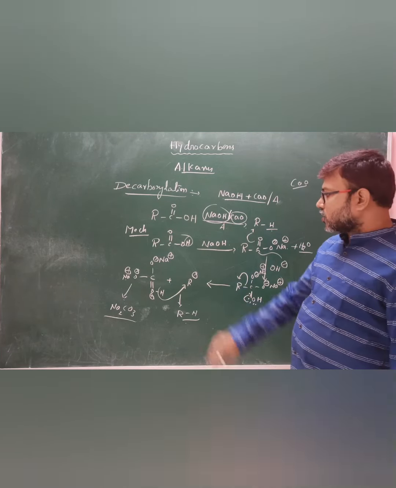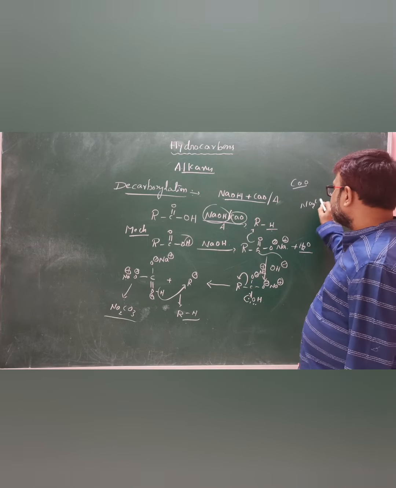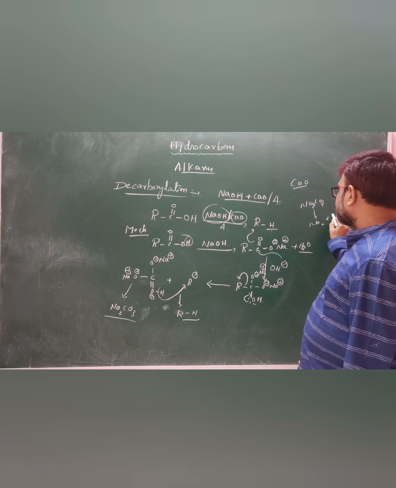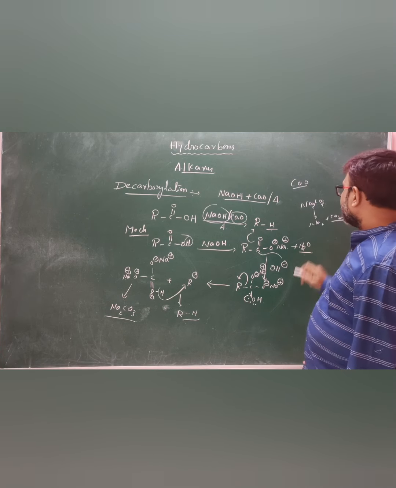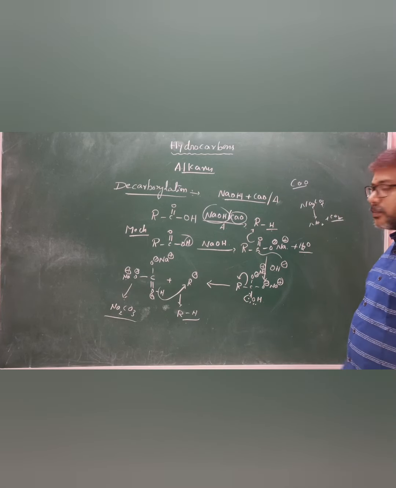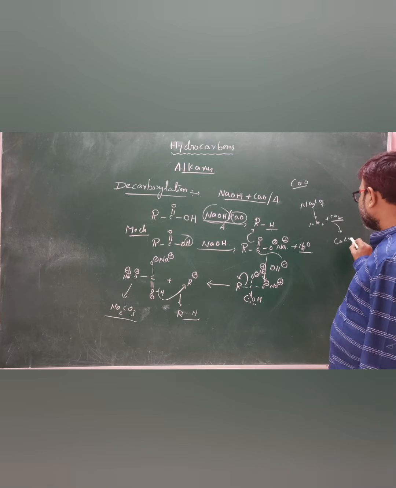Na2CO3 undergoes dissociation into Na2O plus CO2, and CaO easily absorbs CO2, converting to CaCO3.